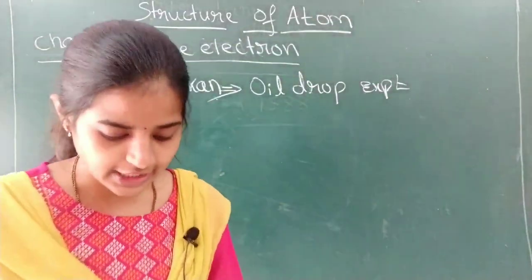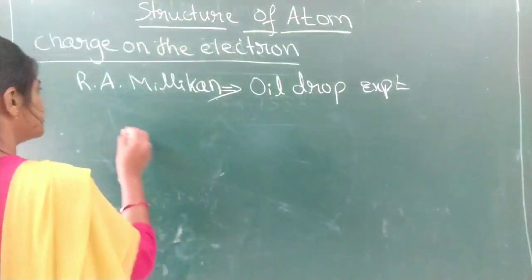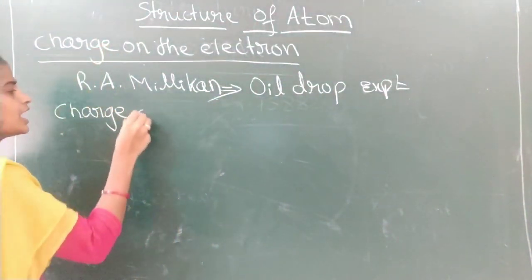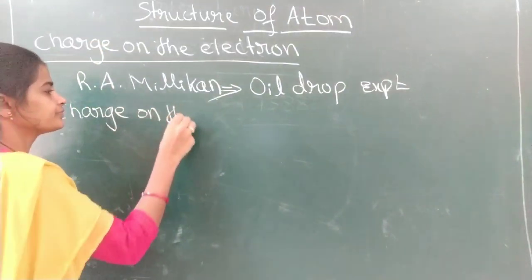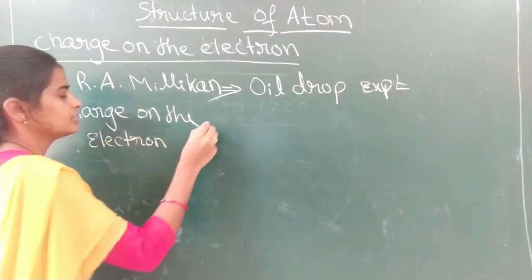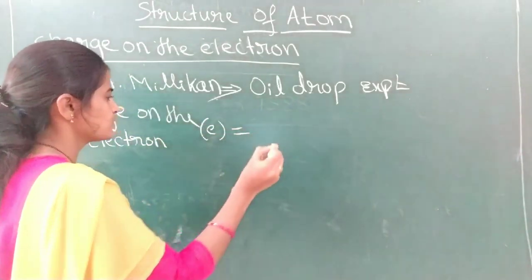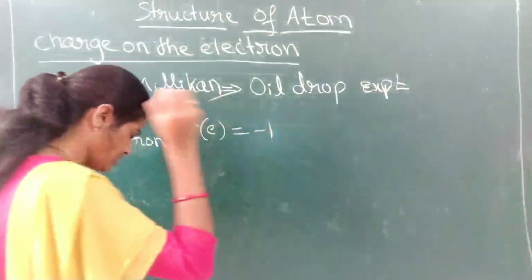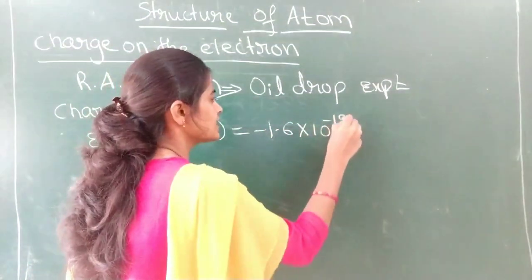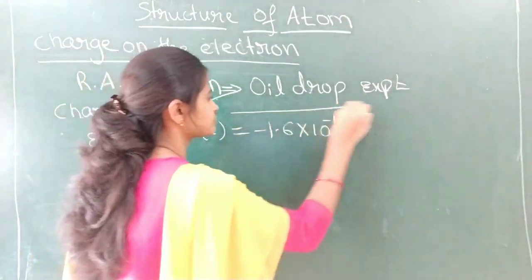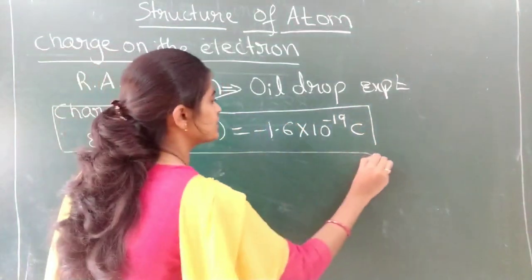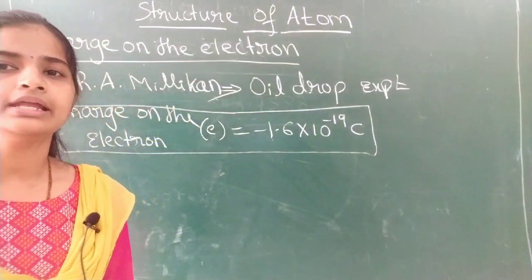By doing this experiment, he found that the charge on the electron, indicated with small e, was found to be 1.6 into 10 raised to minus 19 coulomb.